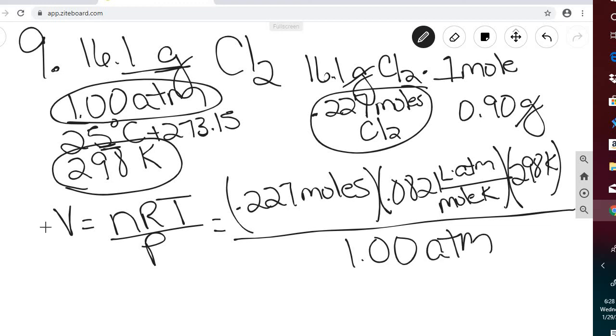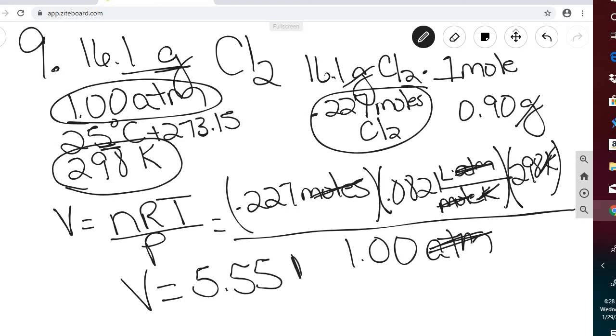Okay, so let's look at units. Here's moles on top, moles on bottom. Here's an atmosphere on the top, an atmosphere on the bottom. There's a K on the top and a K on the bottom, so we're left with liters. So the volume in liters will come out with 3 significant figures. It will be 5.55 liters.